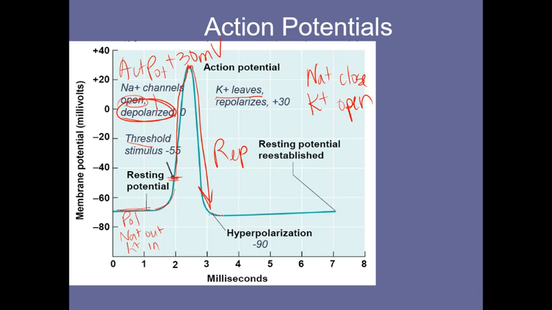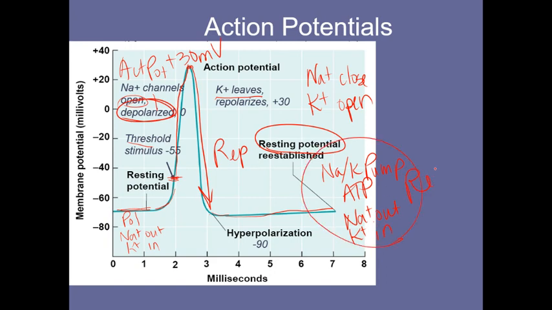It hyperpolarizes to negative 90, but then it resets itself, and we reestablish resting potential with the sodium-potassium pump and ATP. Now we're reset with sodium out and potassium inside the cell, back at resting potential, ready to go again.